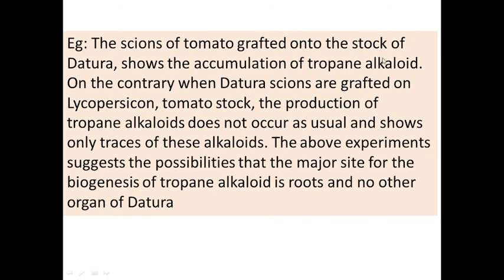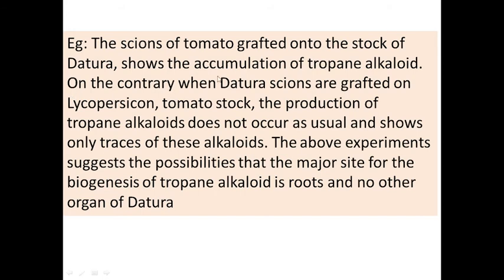So the major portion is datura, and in that a scion of tomato is grafted. That shows the accumulation of propane alkaloid. When a scion of tomato is grafted on the stalk of datura, accumulation of propane alkaloid occurs.